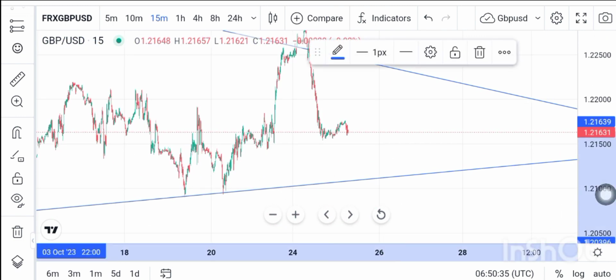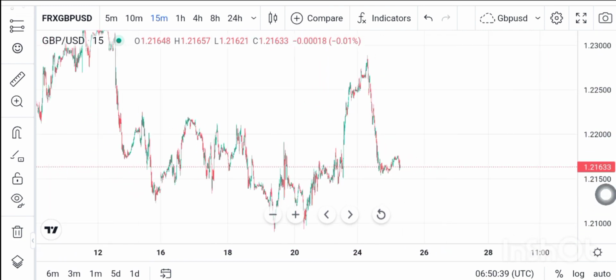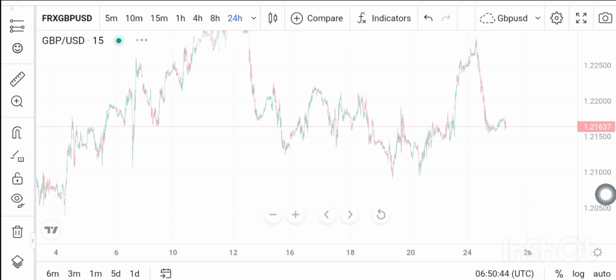Now we have to go back again to the daily time frame. Let's say for example you are a support and resistance trader.